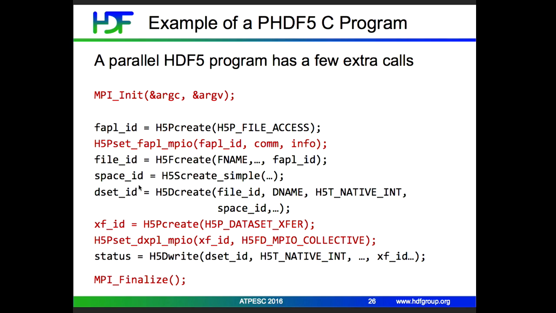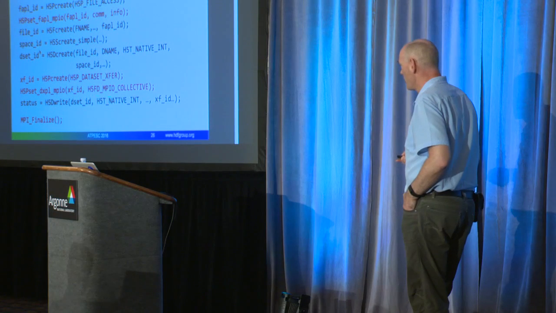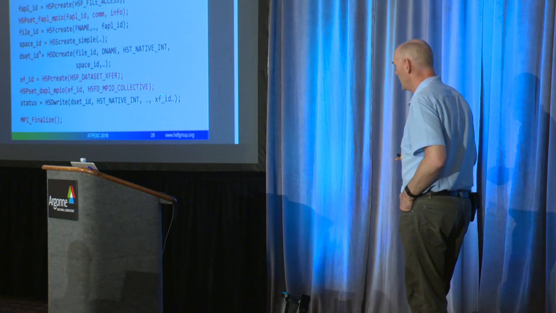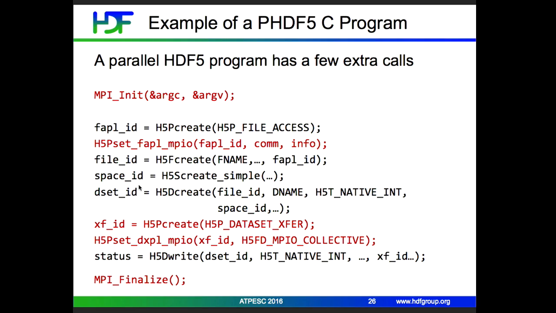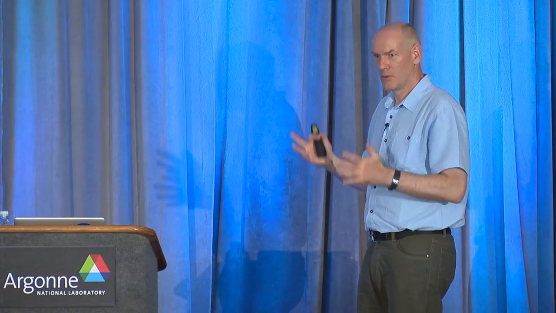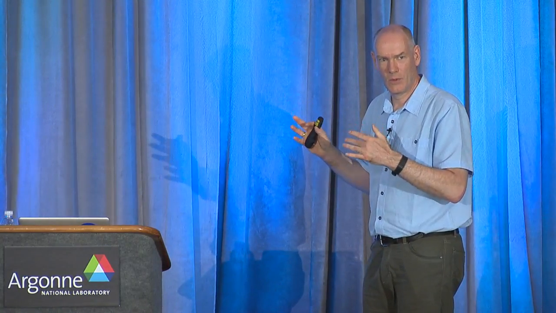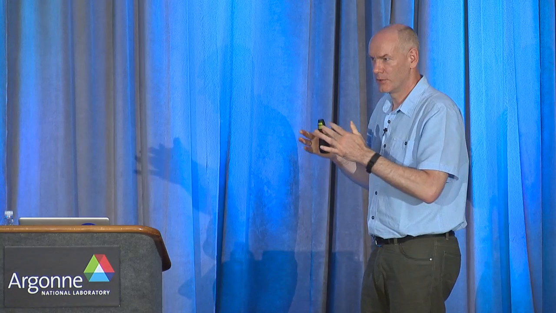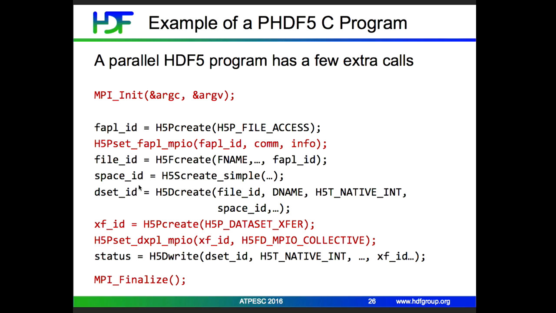We create such a property list with the property H5FD_MPIO_COLLECTIVE, and then pass this data transfer property list as an argument to the H5Dwrite call, and that's it. And then of course we call MPI_Finalize at some point. But it really looks like a standard HDF5 program, with a few bits and pieces sprinkled in to address some of the parallel issues or optimizations related to parallel I/O.